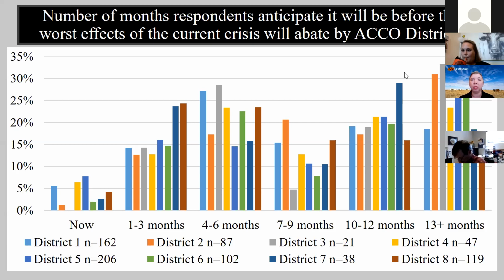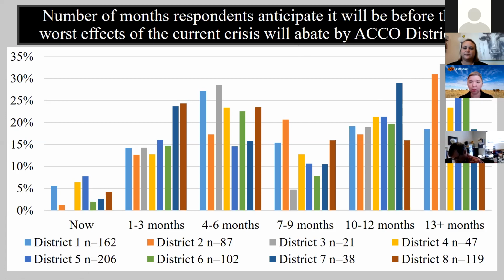And then you see the others who are a little more pessimistic, who are like, nope, this isn't over yet. We're going to be in this for a while. It's going to take a while to recover from this. So you did see these two different areas. What's interesting, though, is that in terms of patterns among the different districts, you do see spikes in different places for different districts.